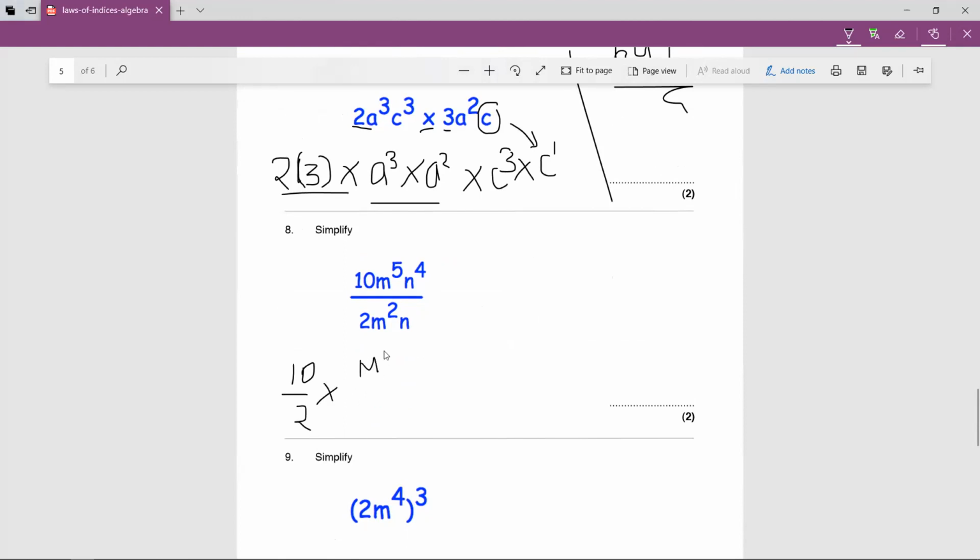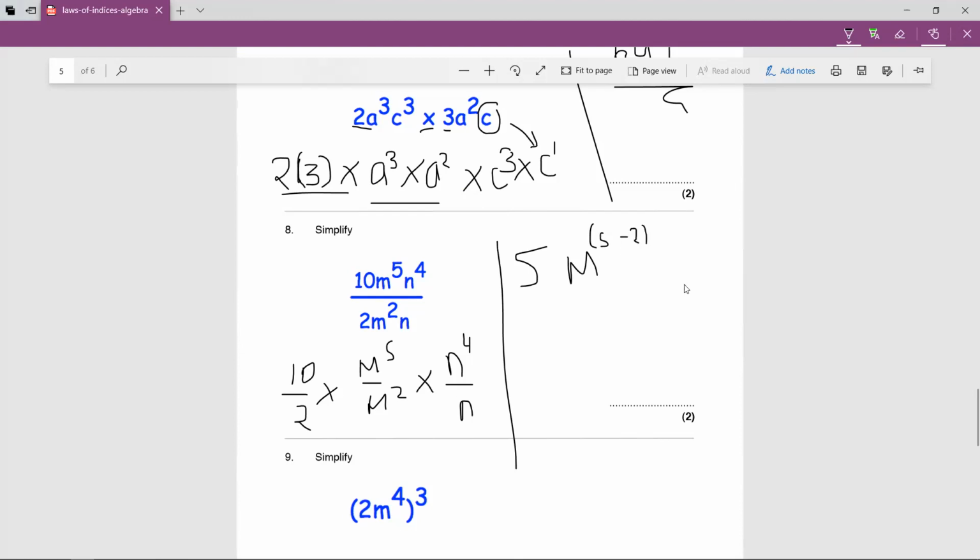So we'll have n power 5 divided by n power 2, and then we have n power 4 divided by n power, actually it's just power 1. All right, so the first term there, 10 over 2 is 5. The second term, m power 5 divided by m power 2, we'll get m power 5 minus 2.